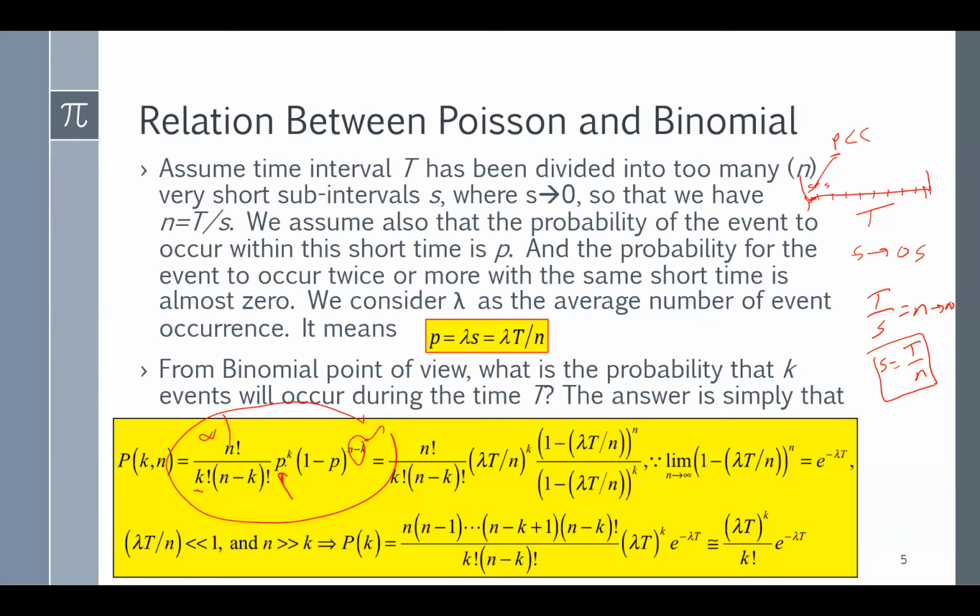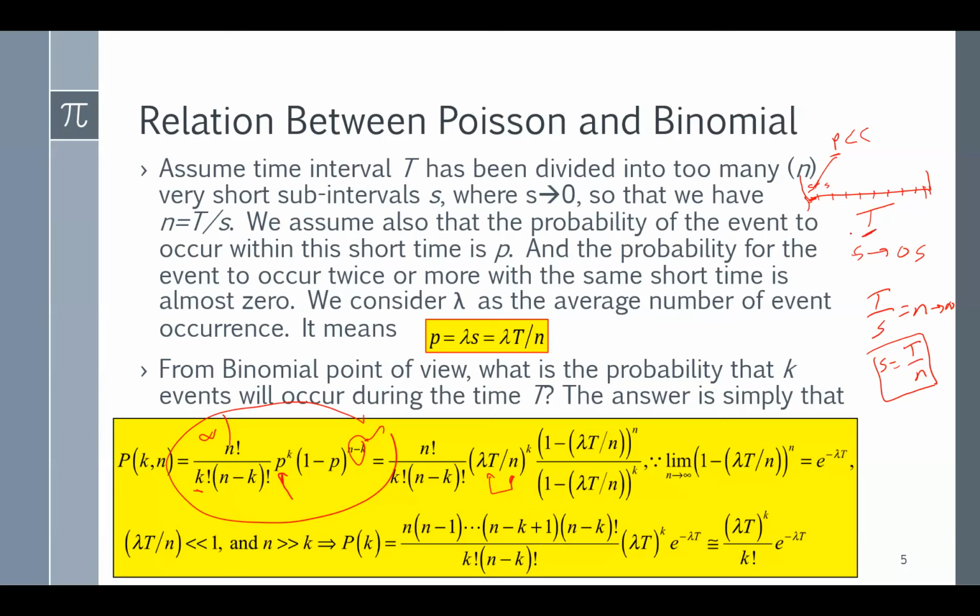What is P? P actually is nothing but lambda T divided by N. Why? Because lambda T is the average rate of these successes to happen. As I said, for example, what is the probability that you will get five failures within this period of time T?